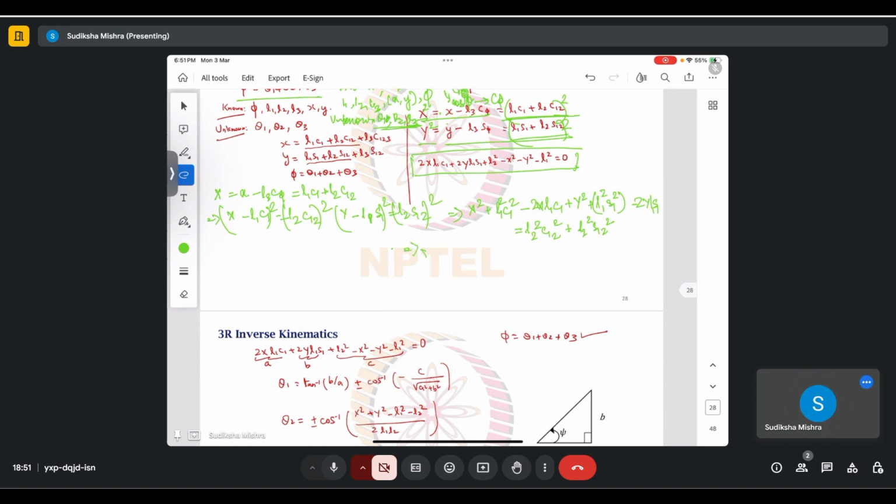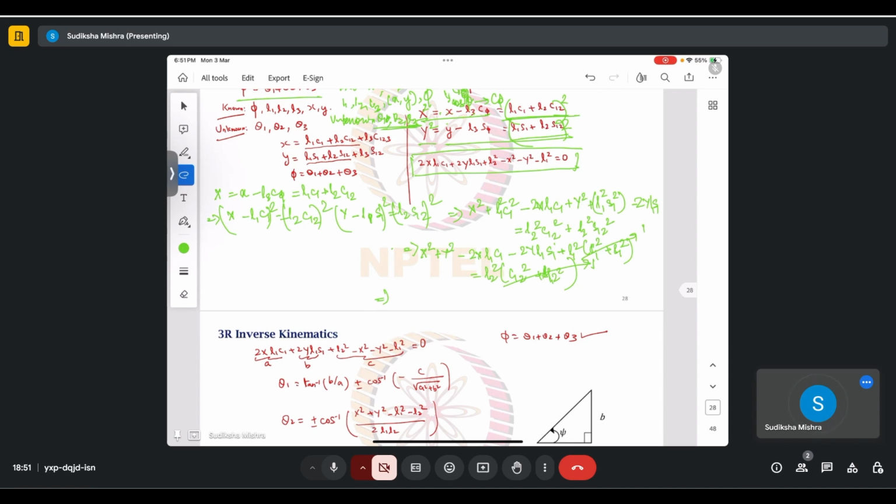Essentially, if you separate out the terms, minus 2x L1 C1 minus 2y L1 S1 plus L1 square (C1 square plus S1 square) is equal to L2 square (C12 square plus S12 square). Both of them become 1.